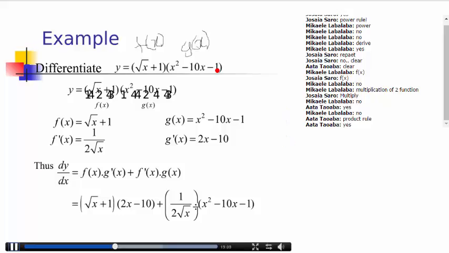Let's do it. Your f(x) is equals to root of x plus 1.